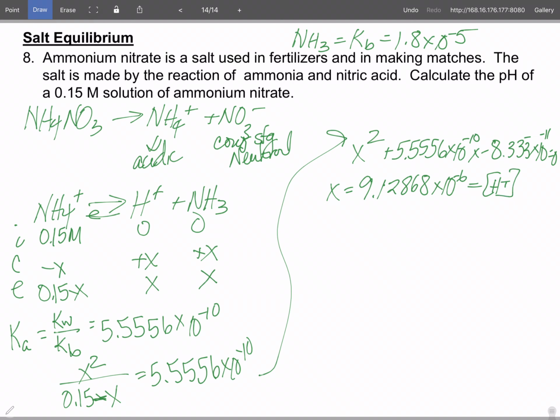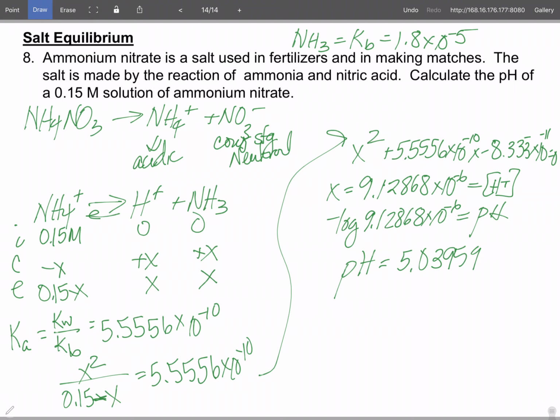So we just take the negative log of it, which means my pH is equal to 5.03959, which means 2 places after the decimal, pH is 5.04. So this ammonium nitrate is acidic.